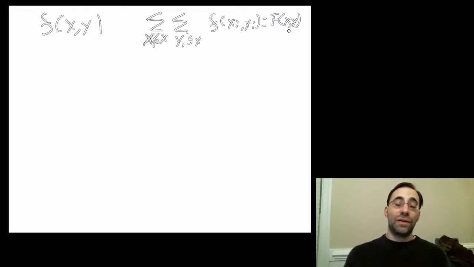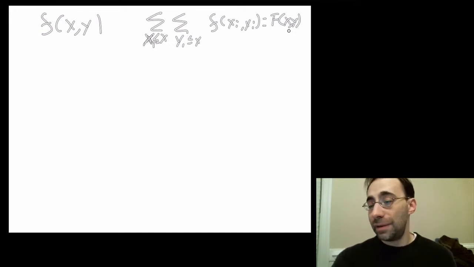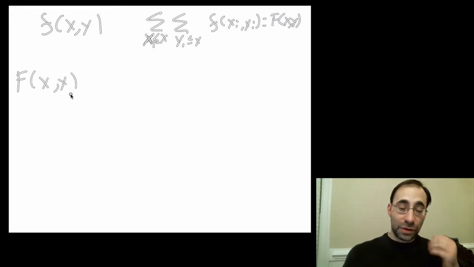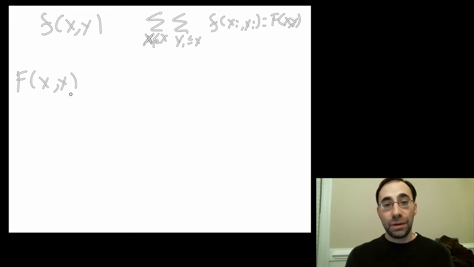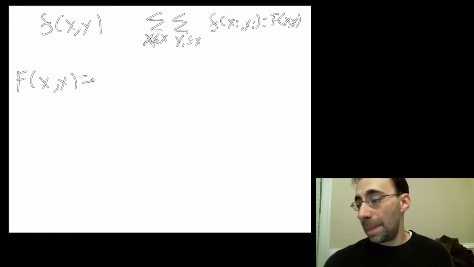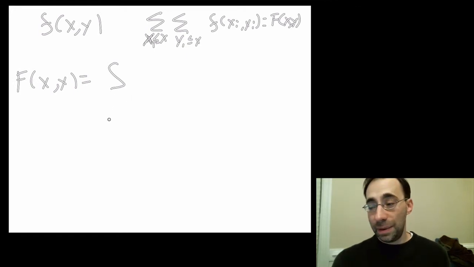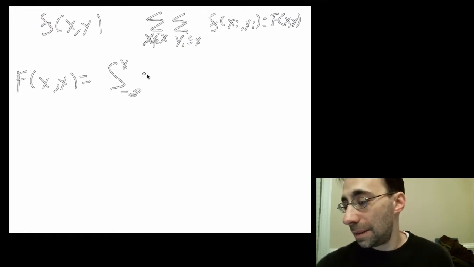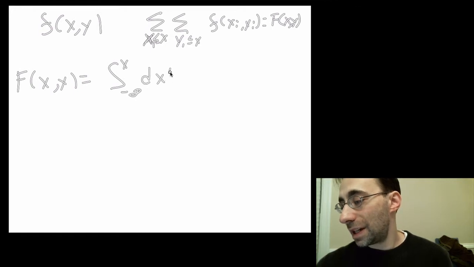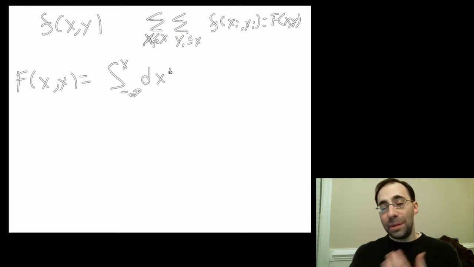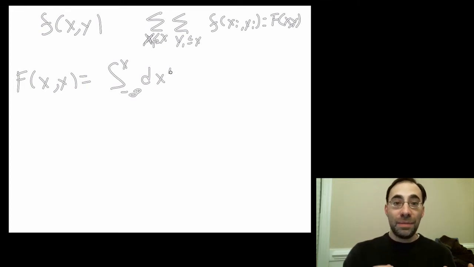For a continuous joint distribution, the CDF, as before when we looked at CDFs for a single variable distribution, is just the integral. In this case, instead of a to b, we have negative infinity to x, dx prime. Here the prime tells us that we'd be integrating over the variable that's going to become x.